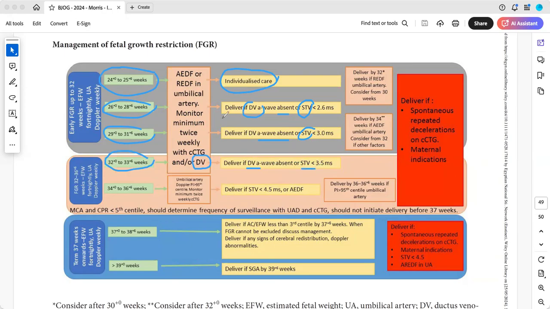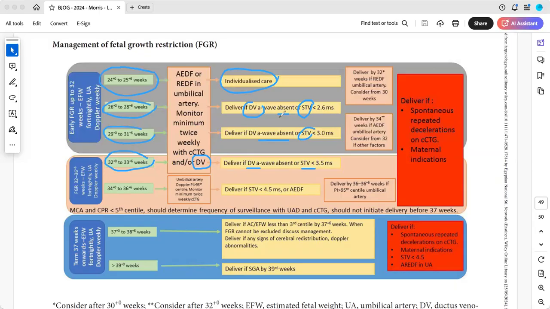Okay, so guys, try to remember when is the indication for delivery, when to say this is for delivery. When you have an acute condition like ductus venosus A wave is absent, or the STV, let then the value corresponding to each gestational age, okay?